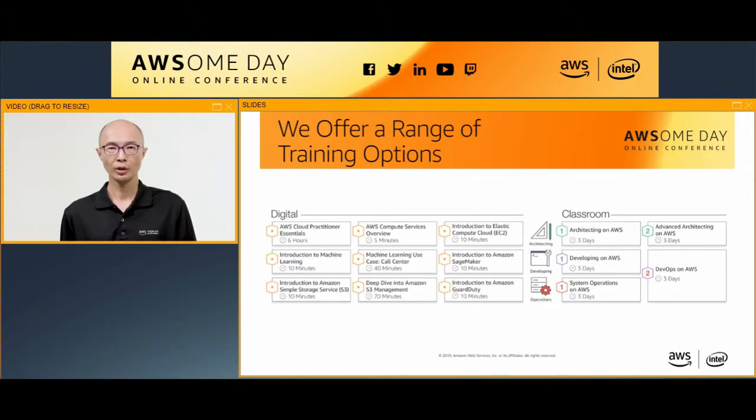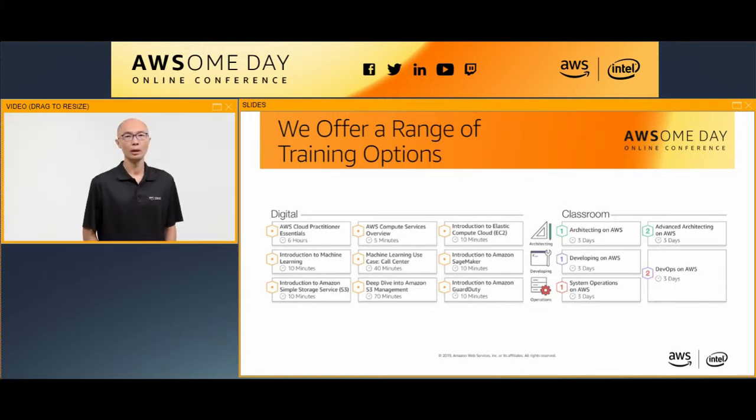Systems Operations on AWS is a 3-day course focused on guiding individuals to operate highly available and scalable infrastructure on the AWS platform. Advanced Architecting on AWS is a 3-day course that covers building more complex solutions which incorporate data services, infrastructure configuration, management, and security on AWS.